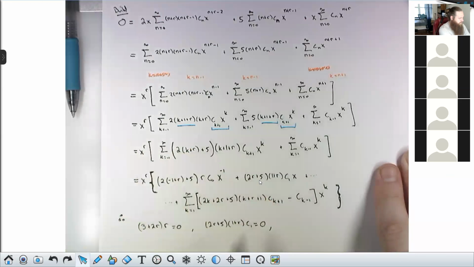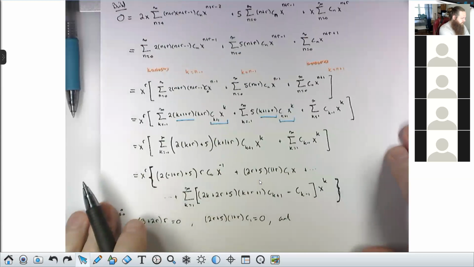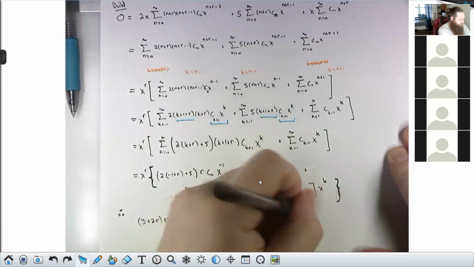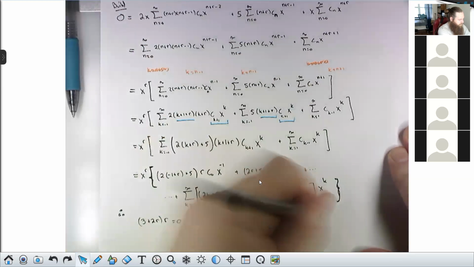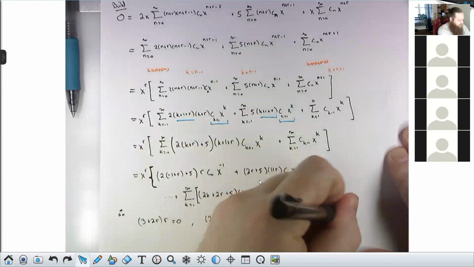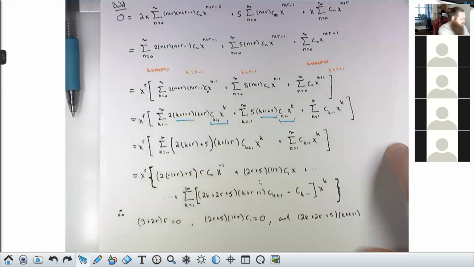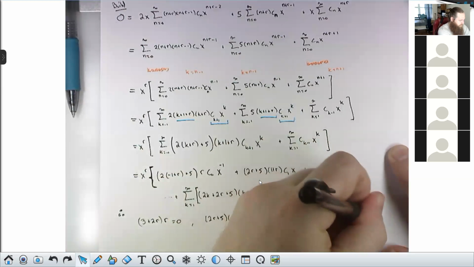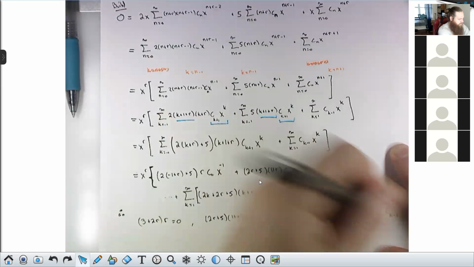I'm including the c1 there because, again, the recurrence relation should take care of this. And my recurrence relation, which is 2k plus 2r plus 5 times k plus r plus 1 times c k plus 1 equals c k minus 1.